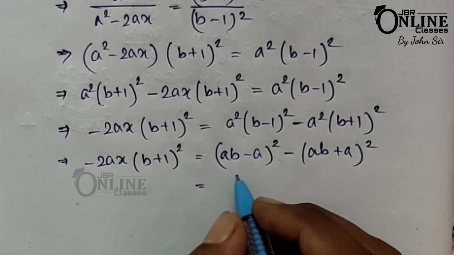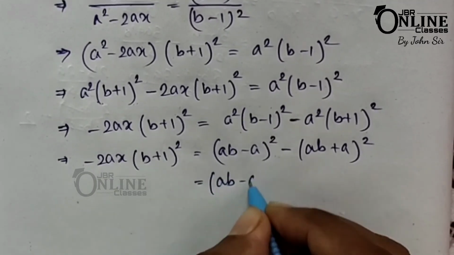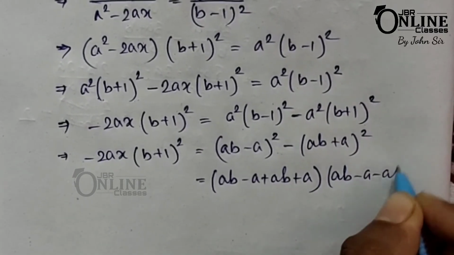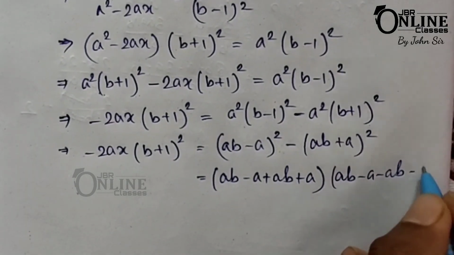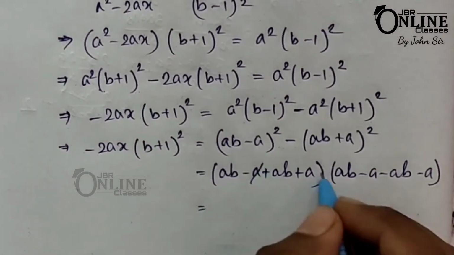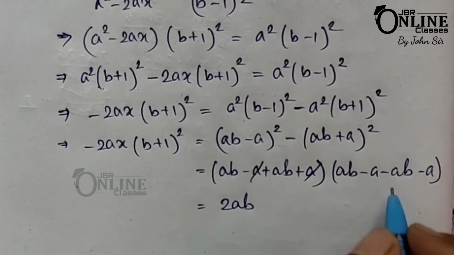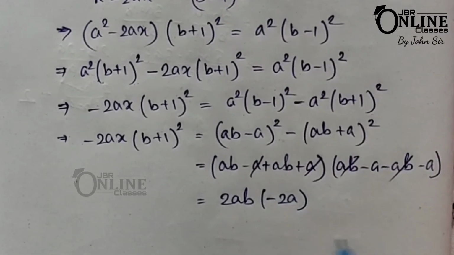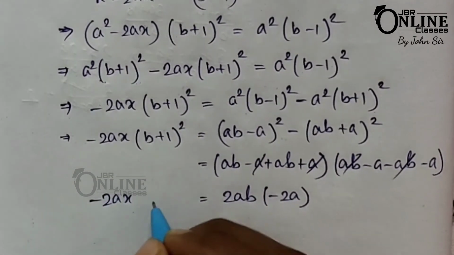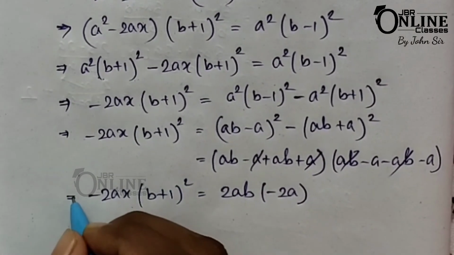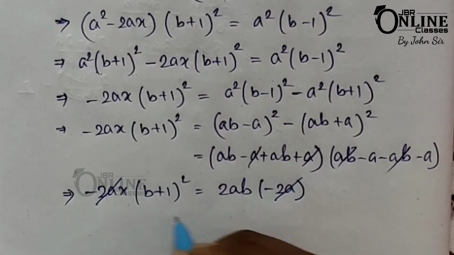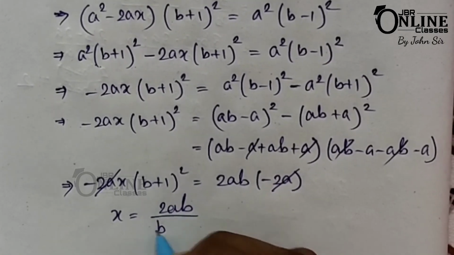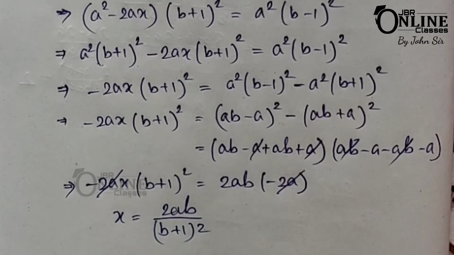So here you can apply the a square minus b square formula, so it will be ab minus a plus ab plus a, and next one ab minus a minus ab minus a. So here 2ab, and here minus 2a. Okay, and on the left hand side minus 2ax into b plus 1 whole square. So minus 2a cancels out, then x equals 2ab by b plus 1 whole square. So that is the final answer.